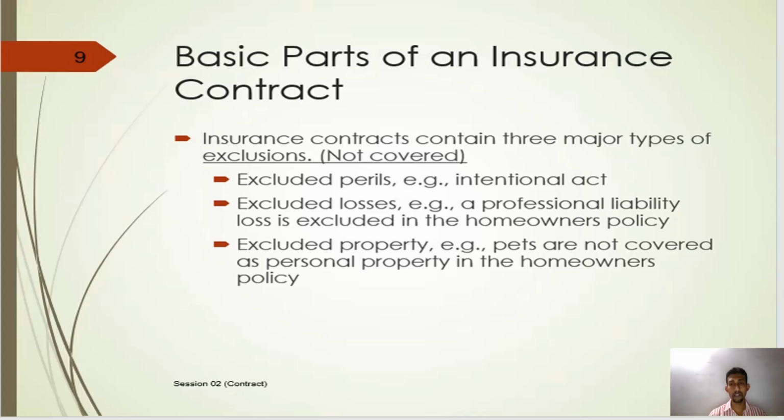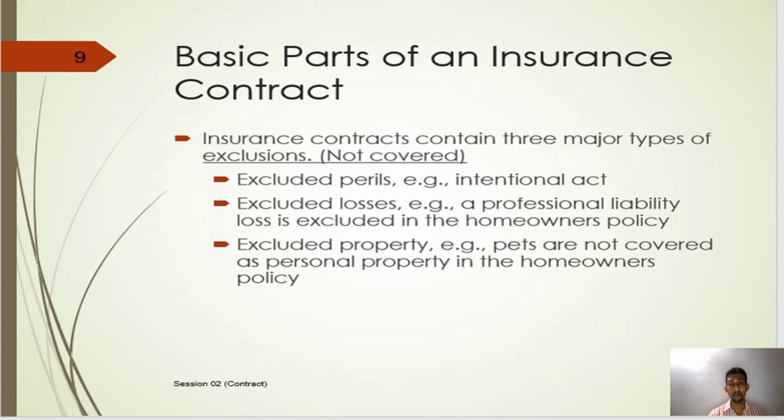Some of the key examples I have highlighted are excluded perils, the risks which are not going to be covered in this policy. For example, it can be riots, or an intentional act. It can be anything that is not going to be covered by that particular insurance policy.